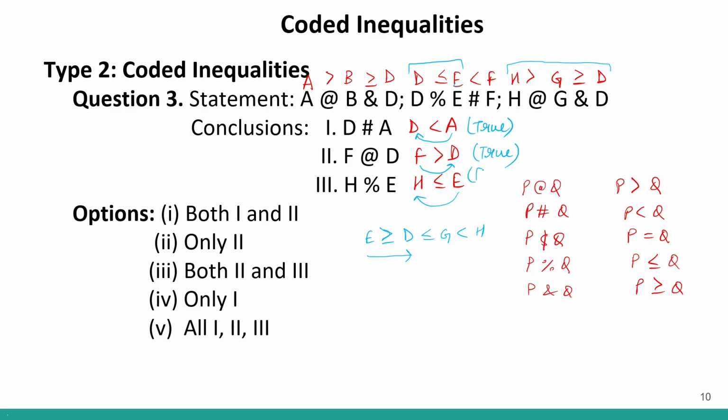So this condition is false. This conclusion is false. So only 1 and 2, both 1 and 2, are true. So my answer will be option number 1, both 1 and 2. Clear?